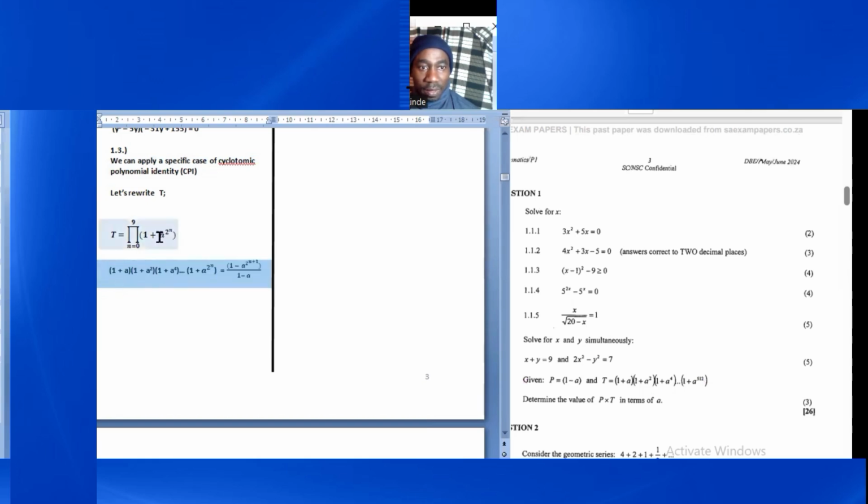So all these equations we have here can be written in this form, right? All the expression here can be simply written as 1 minus a exponent 2 exponent n plus 1, everything over 1 minus a.